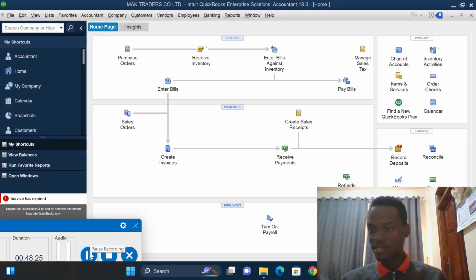So we move on to the next. It says 12th Jan cleared Masaka traders debt by cash.